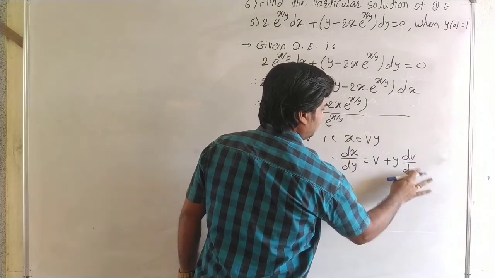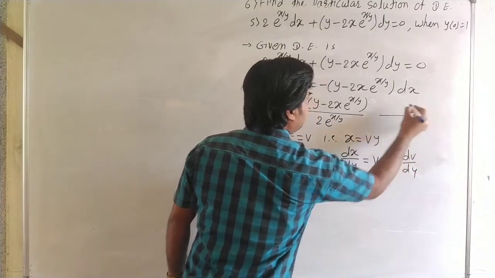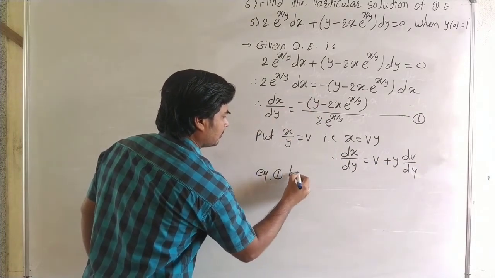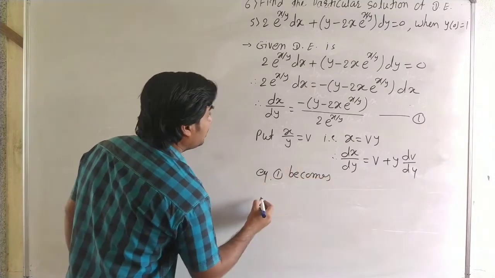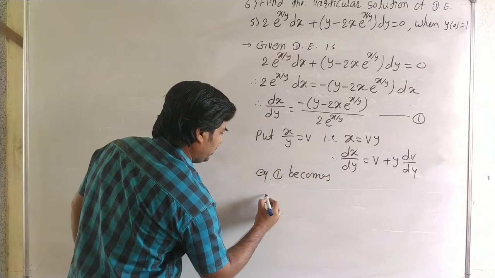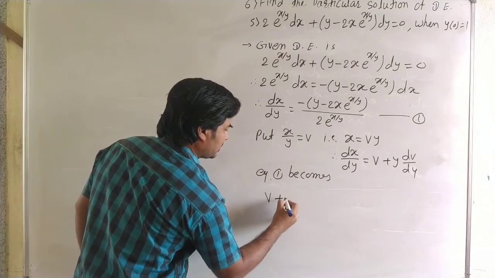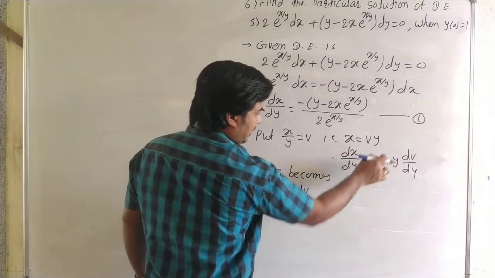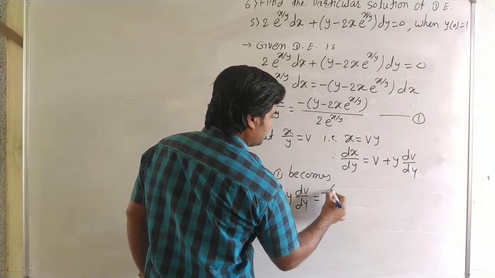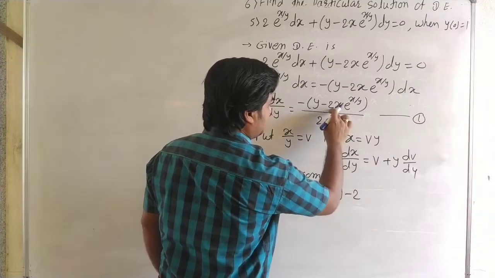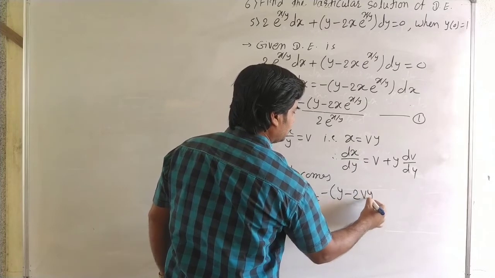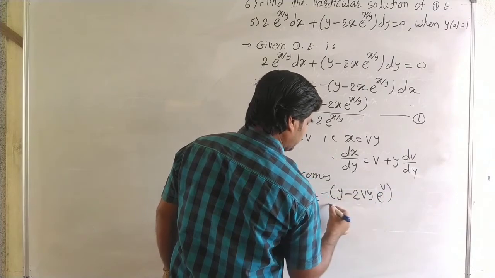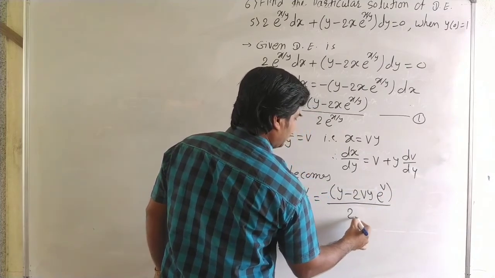Then equation number 1 becomes dx by dy, it is v plus y into dv by dy, is equal to minus y minus 2x, x is v y, into e raised to v upon 2 e raised to v.